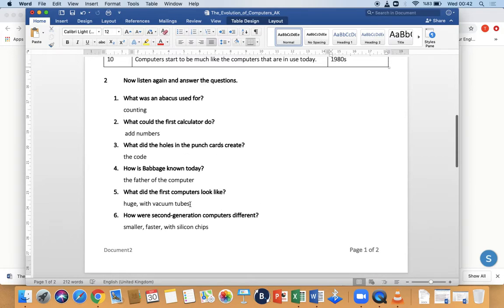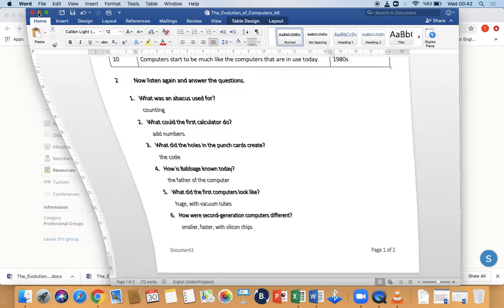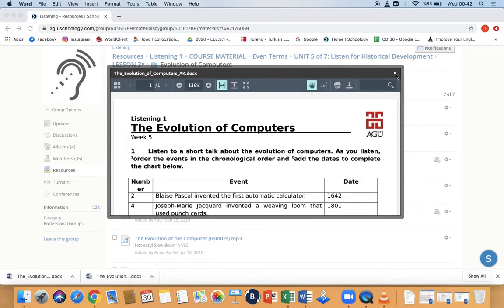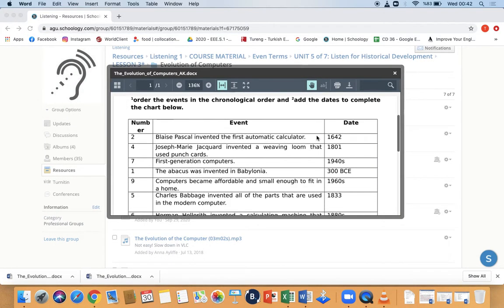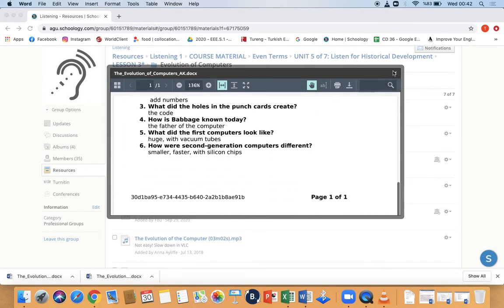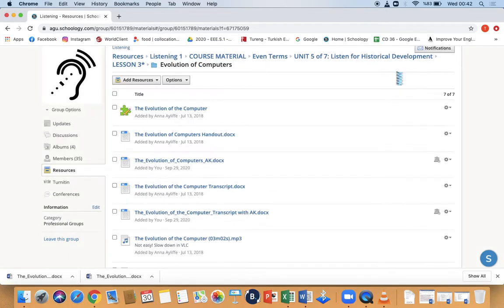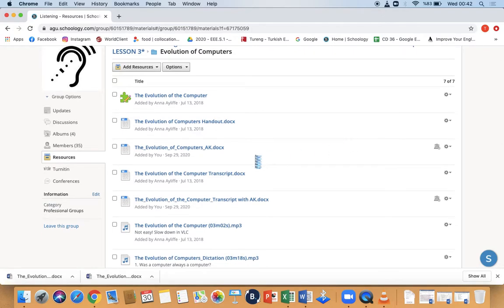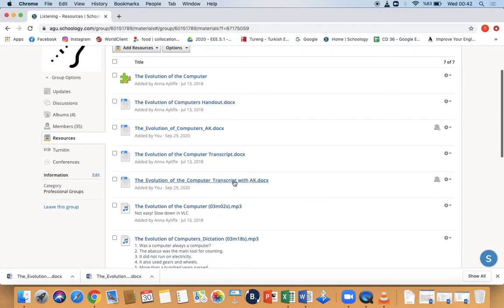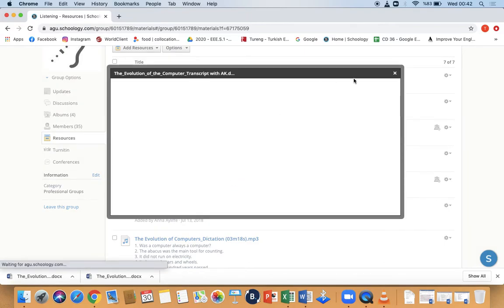These are the answers. Actually, before we finish, I want to say one more thing. This is the answer key. If you want to see the answers on the transcript, you should go to the evolution of the computer transcript with answer key.